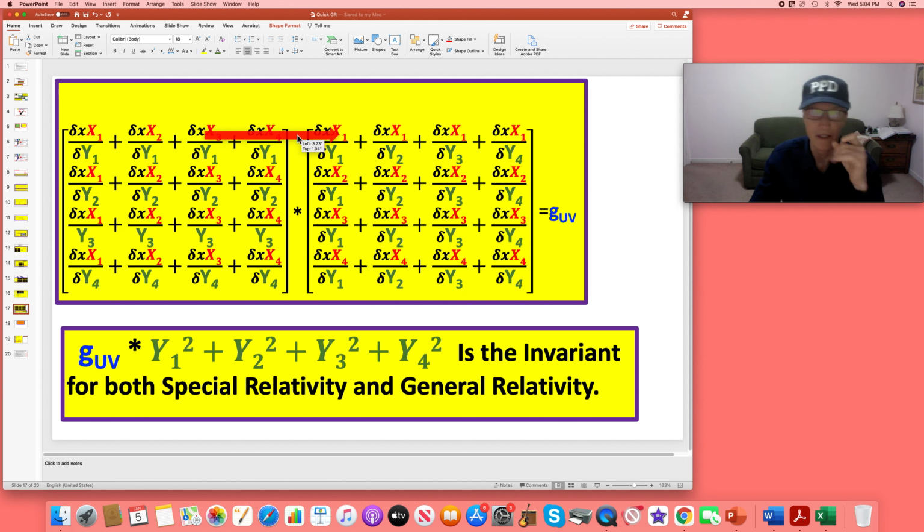And the next column goes in the next row, right? x1, x2, x3, x4. And the next goes in the next. So you swap rows and columns. And the last row goes in the last column, right?